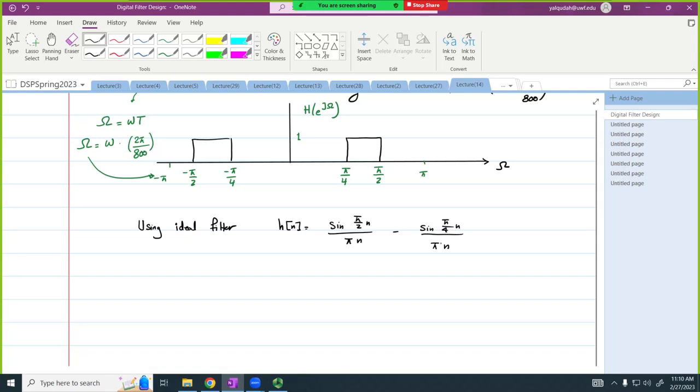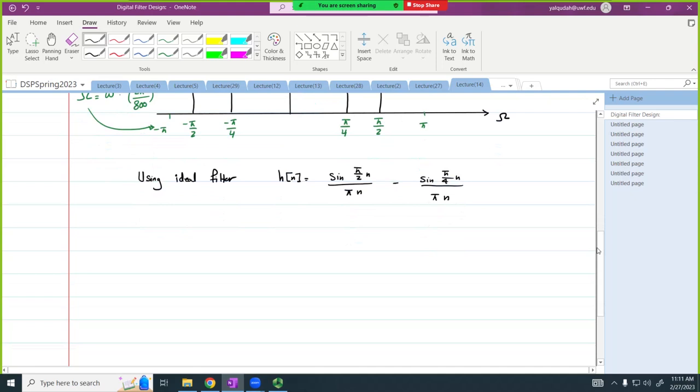This first term is going to give me a square here that ends at pi over 2. This is going to give me pi over 4. If I subtract them, they give me a passband between pi over 4 and pi over 2. Is that clear?